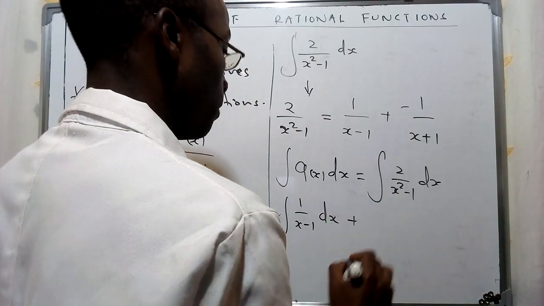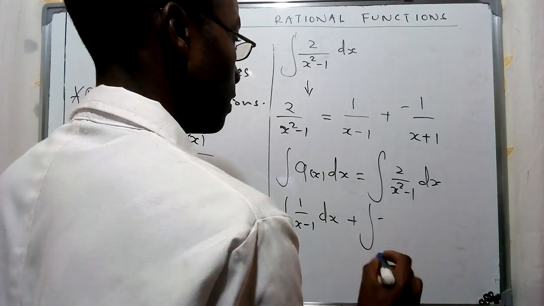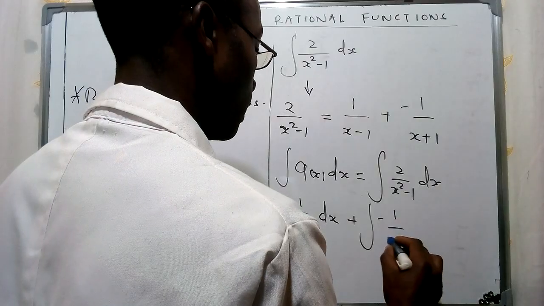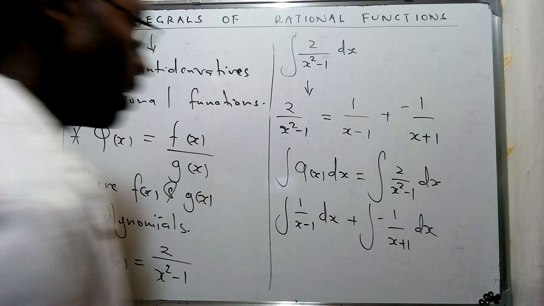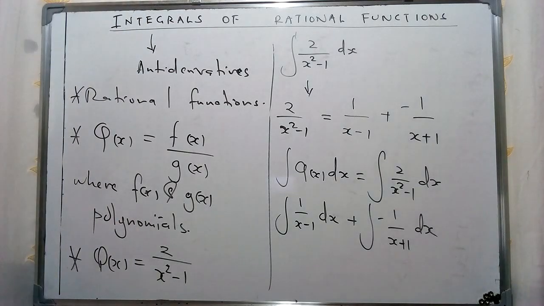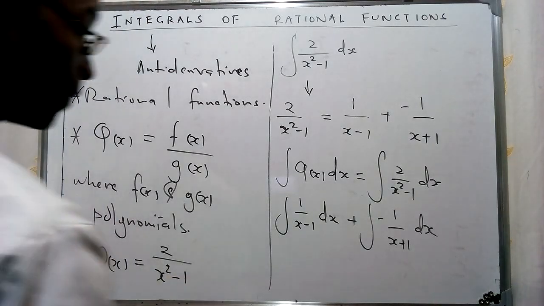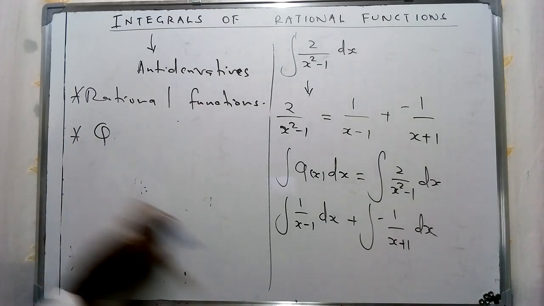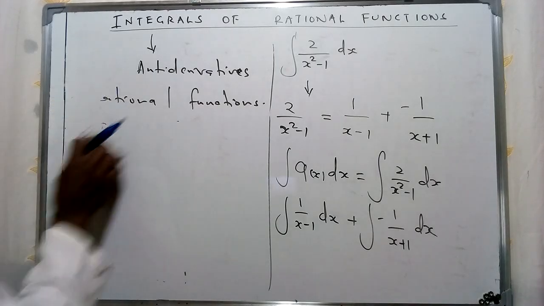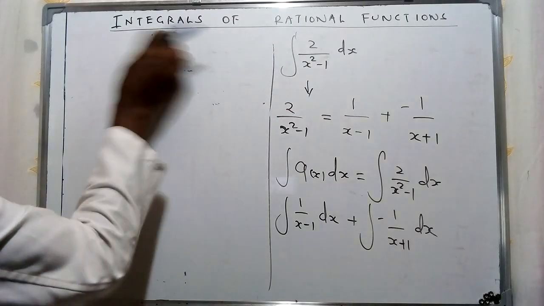And then we're going to have plus the integral of negative 1 all over x plus 1 dx given as such. And this can be evaluated by finding the values for those individual integrals, which from previous discussion, we said that we can find from the integration rules.